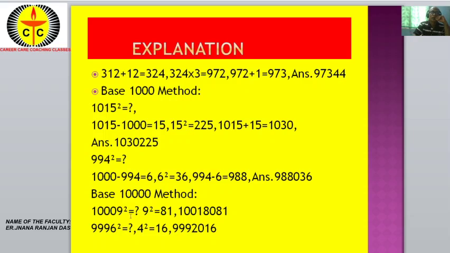Similarly, in the 10,000 base method, we can find the square of the number 10,009. Here it is in excess by 9. We take the square of 9, that is 81.